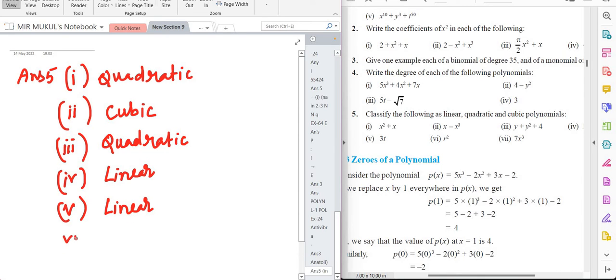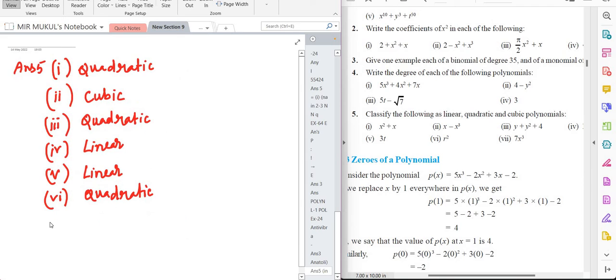Very good. Sixth, Naima. Quadratic. Very good. Then 7x cube. Aksara will tell. Cubic.